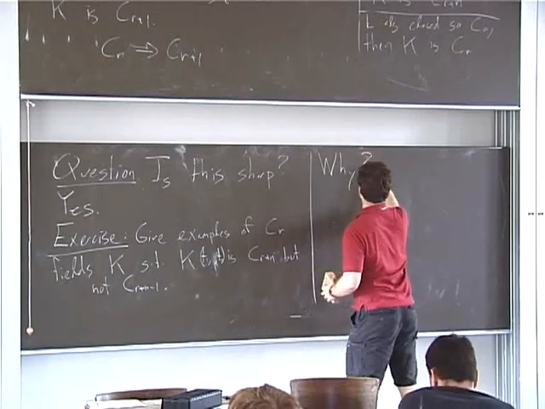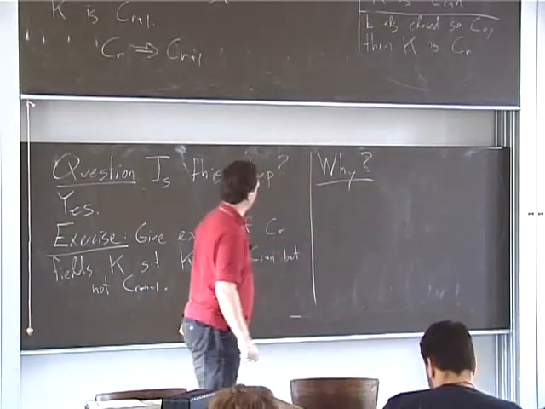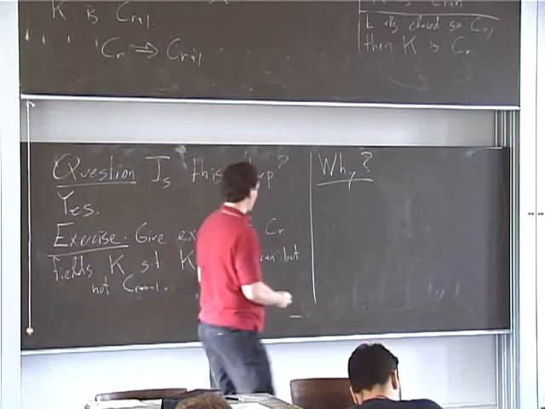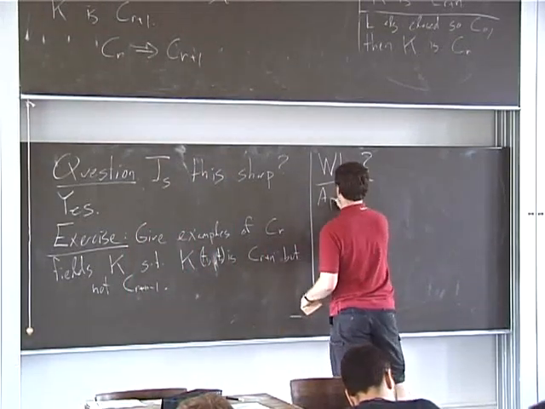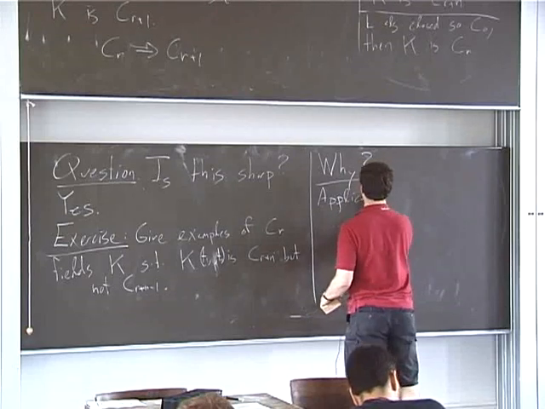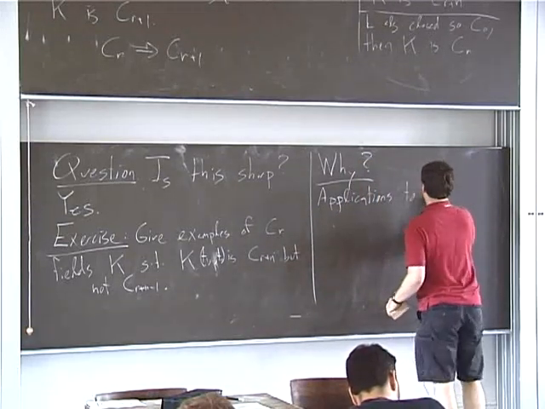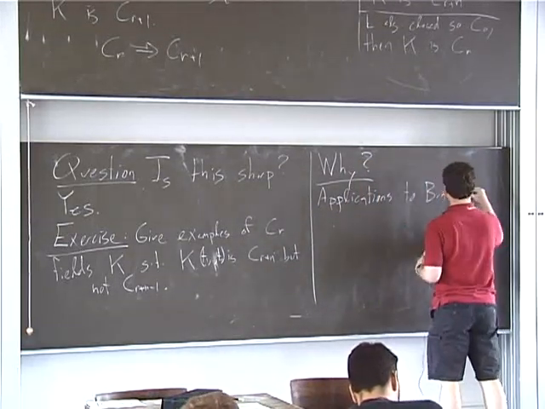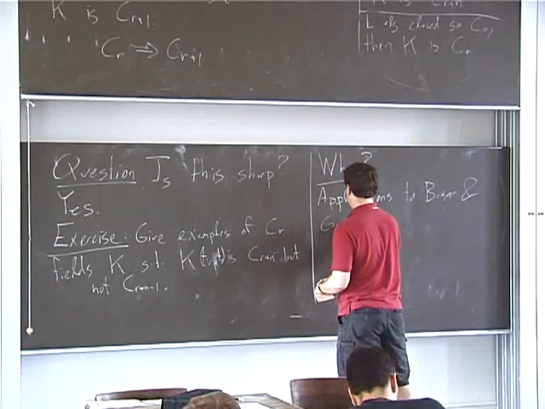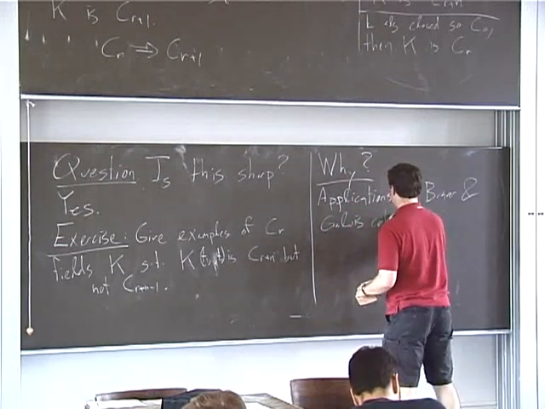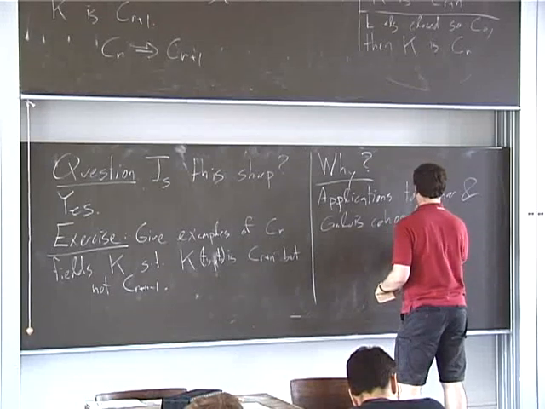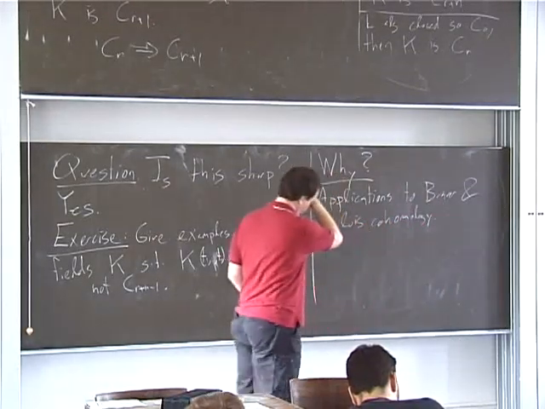Why do we consider these kinds of properties? It's fun, but it's also important. There are applications to Brauer groups and Galois homology. So what are they?